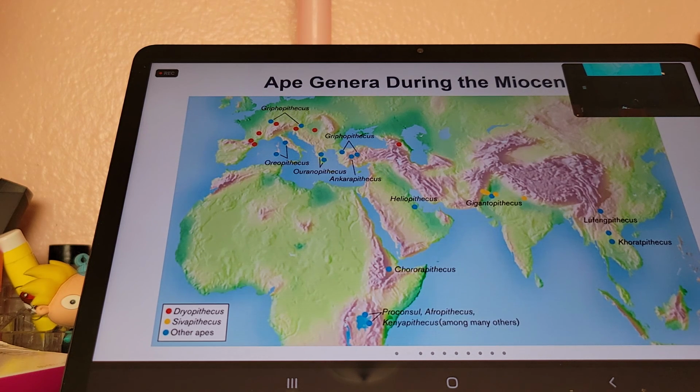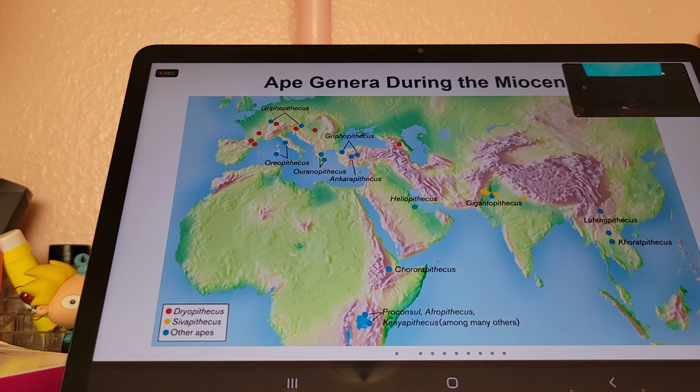And what you may note about this map is that there are 8 genera or ape groups in Africa, as we might expect, because there's apes in Africa today, right?